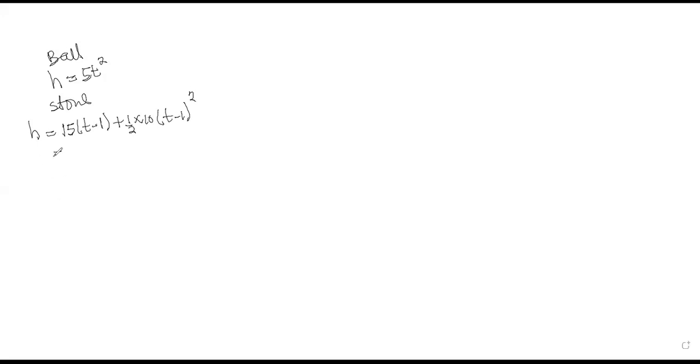And when we simplify this, we have what is left. We've done the physics part. What is actually left is the mathematics part.